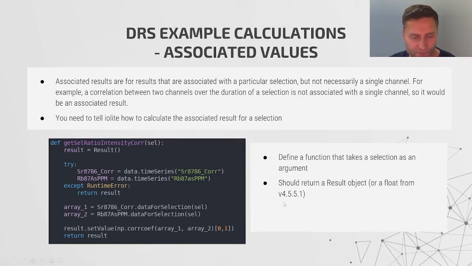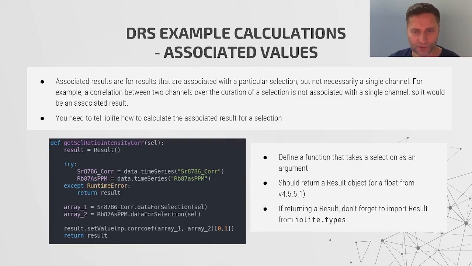In the latest version of iolite, it can just return a float, but in general, you can set it up so that it will return a result object. And you do that by importing result from iolite.types. So I haven't put it here, but up above at the start of your script, you would put in from iolite.types import Result with a capital R.